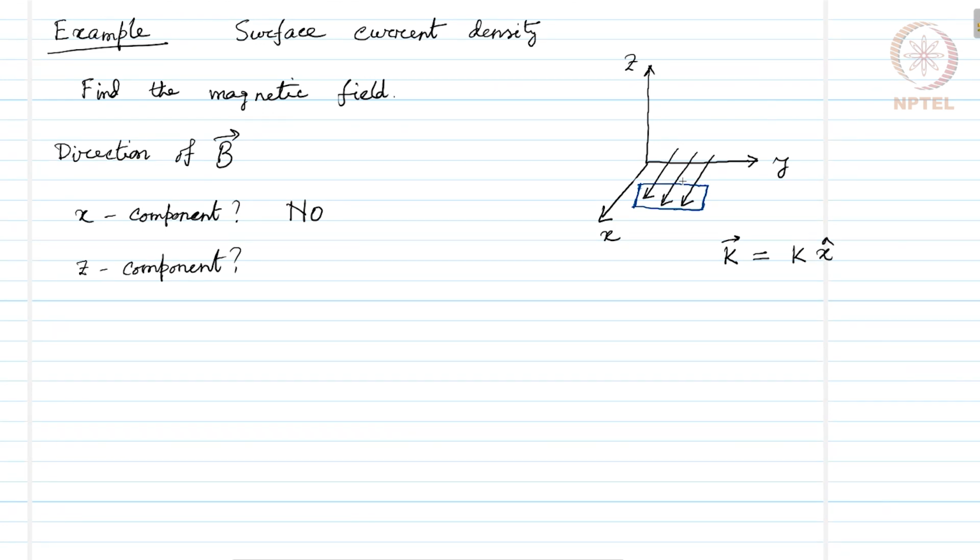And if we consider this entire infinite plane, then we will clearly see that the z component will cancel from different parts of this plane. Therefore, a component along the z direction is also not possible. So, it will only have y component. Z component will cancel out from different parts of this infinite plane. X component is ruled out because the current is flowing along x direction. Therefore, only y component is something that is left.